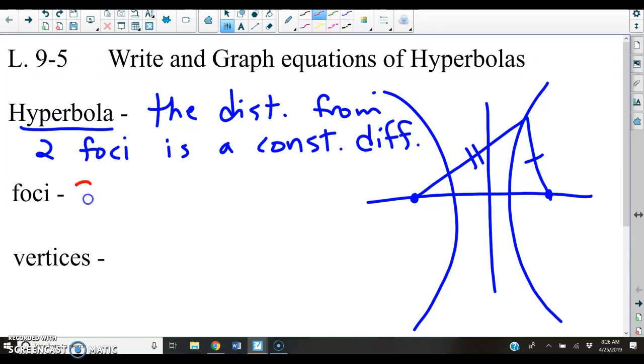Okay, the foci are the 2 points, just like they were for the ellipse. There's 1 point and a directrix on a parabola. The vertices are, okay, let me switch colors again.